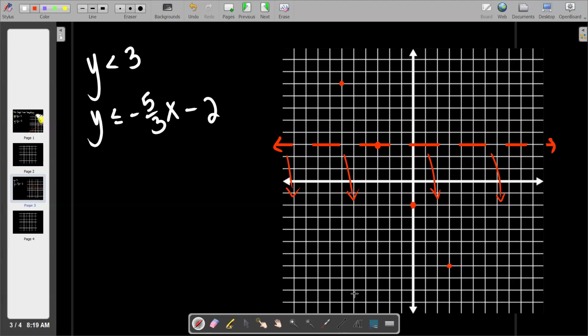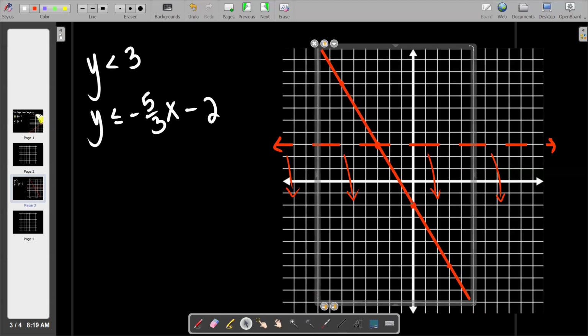Down and right is the same as up and left. And this line is going to be solid, like this. And again, we still need to adhere to basic math expectations. Please put arrows on your lines, right? This is just a thing. It's what we do. They're lines, they're not segments.